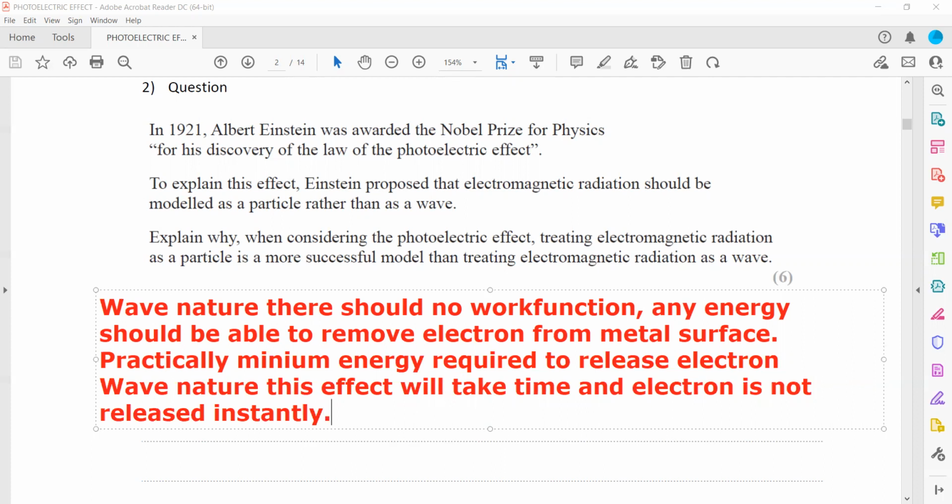But practically what we observe is that electrons are released instantly. So instantly when the photon is absorbed by the electron, if the energy of the photon is more than the work function or equal, the electron immediately will go out. If it is not, then the electron will not come out.